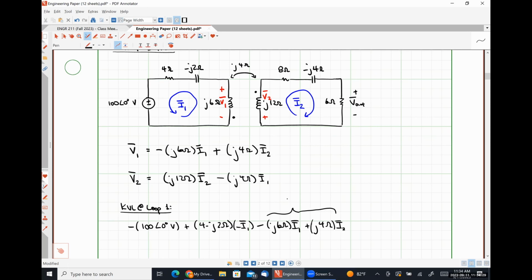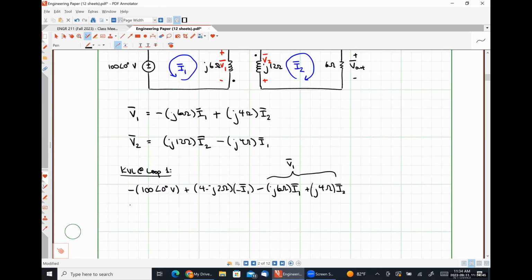thing right here is just I2. So the first thing that I see is V2. So that's going to look like J4 times I1.